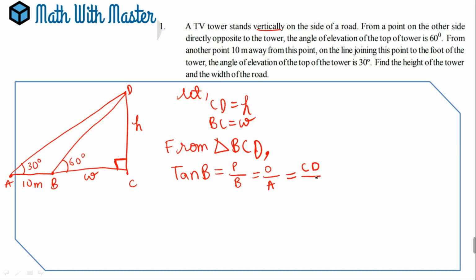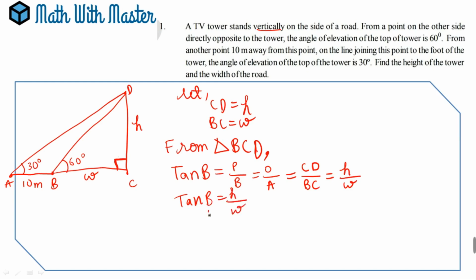It is CD upon adjacent, which is BC. Now what we have let CD, it is H, and what we have let BC as W. So I know that tan B is equals to H upon W.